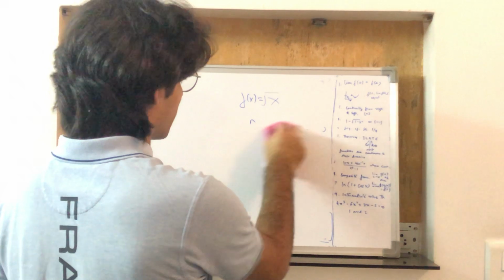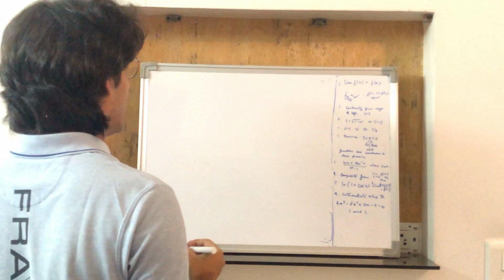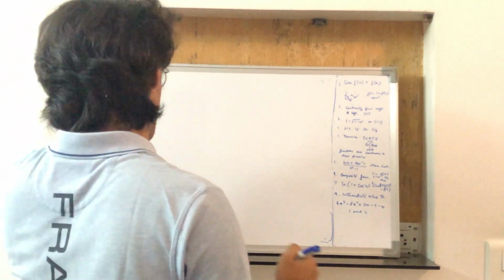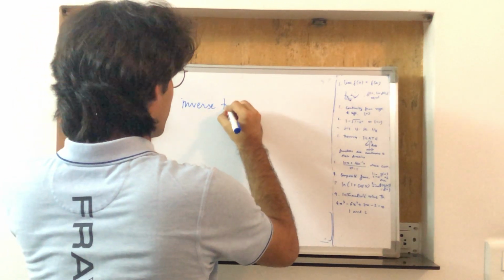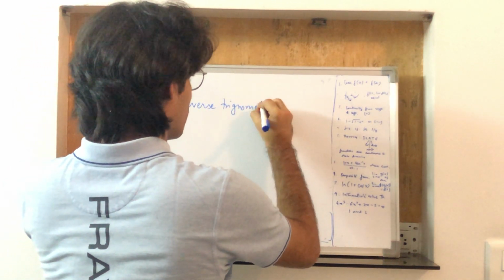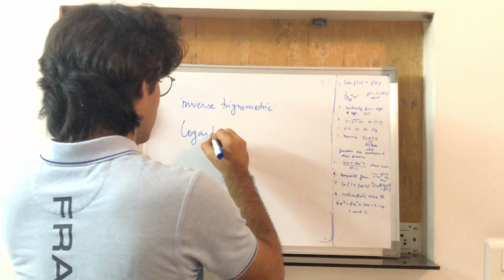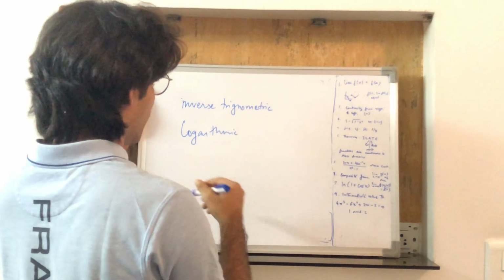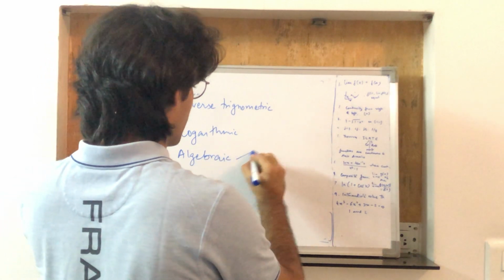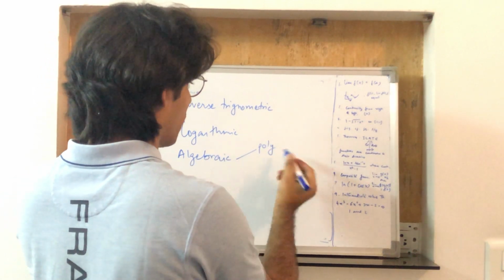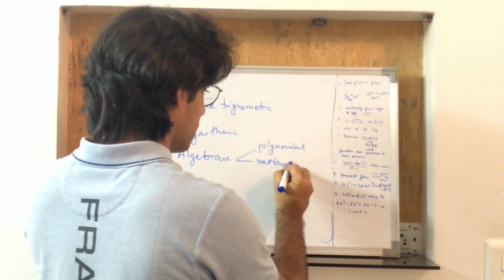So there's this thing that we say when we're discussing continuity. I have these different kinds of functions that we've looked at. First we have the inverse trigonometric functions, then logarithmic functions. Then we've also looked at algebraic functions, which are of 3 types, broadly speaking: polynomial, rational, and root.